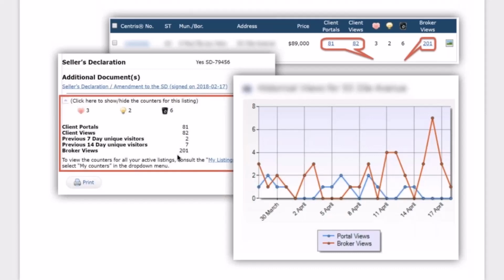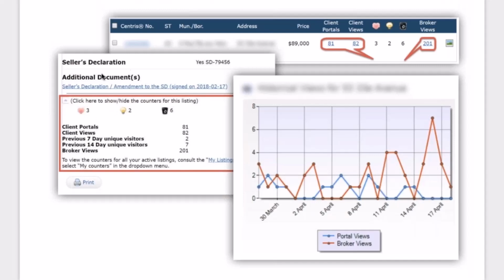And you do have 201 brokers that looked at it, but out of the 201, you can understand here that there are most probably only 81 brokers that sent them to their client's portal, okay? And then out of that, in the client portals, there are only 3 clients who put the listing in their favorites, 2 in their possibilities, and 6 trashed them, okay?